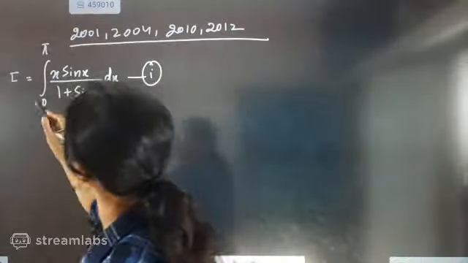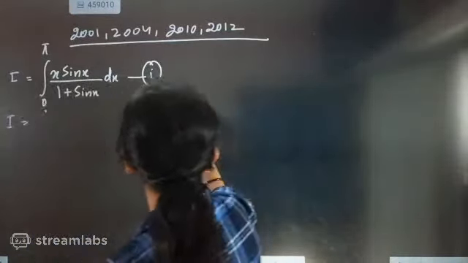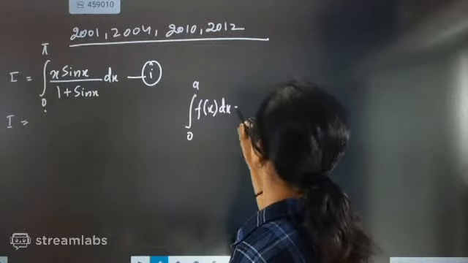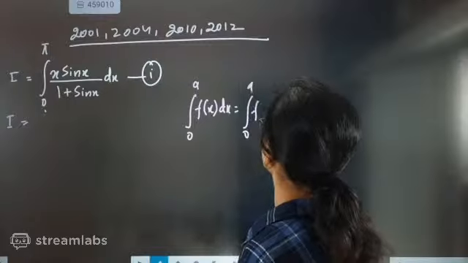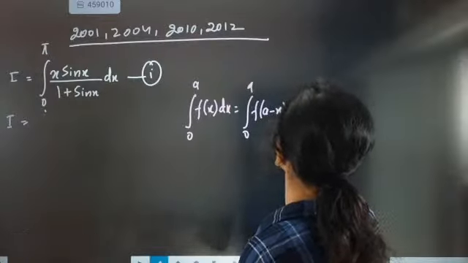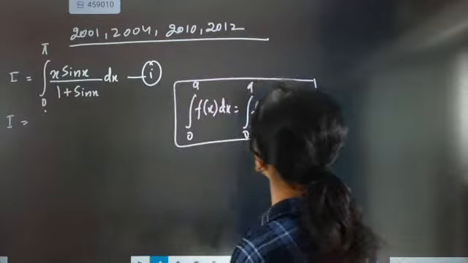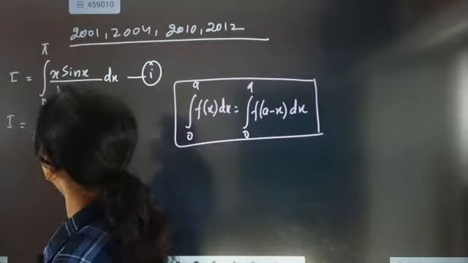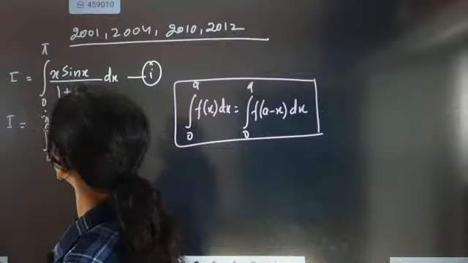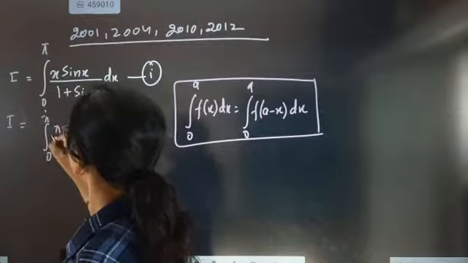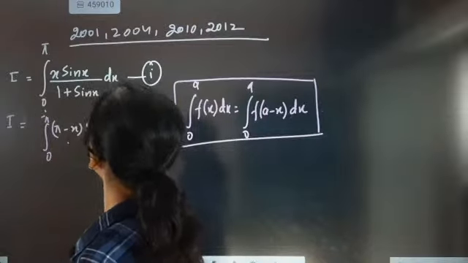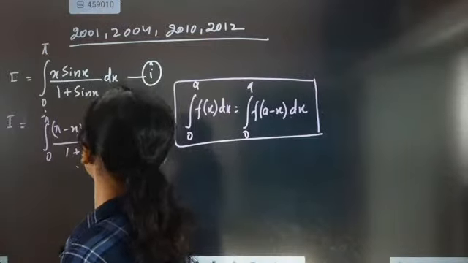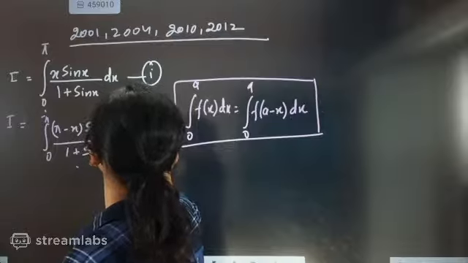If we apply another property, we know that the integral from 0 to a of f of x dx will also become the integral from 0 to a of f of a minus x dx. So with this property also you can apply. So I will be equal to the integral from 0 to pi of pi minus x times sine of pi minus x by 1 plus sine of pi minus x dx.